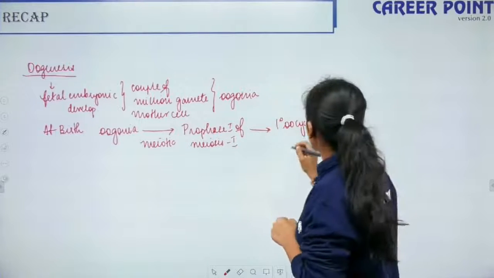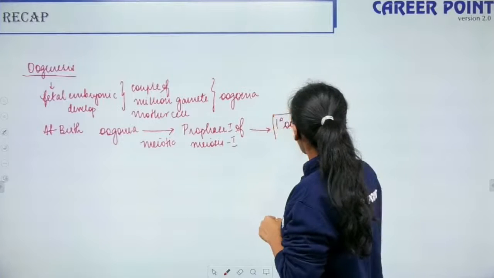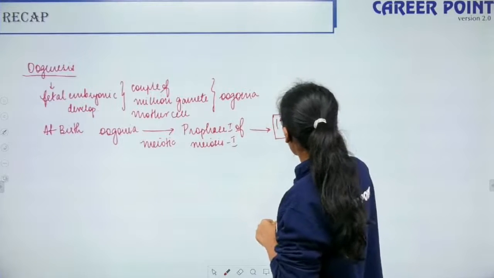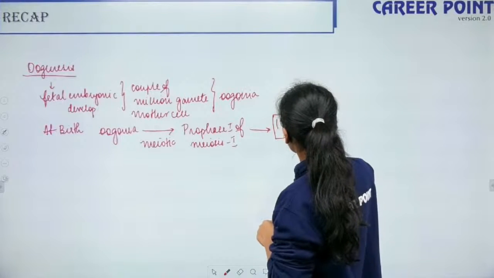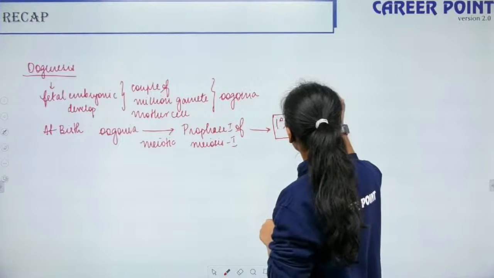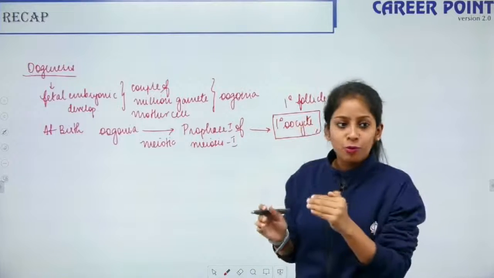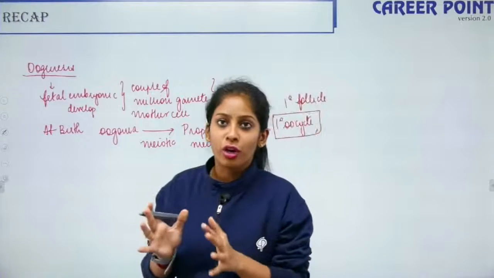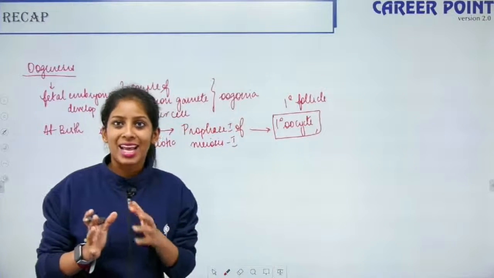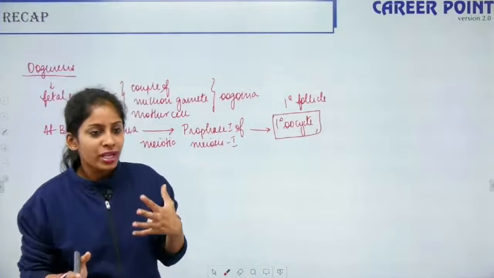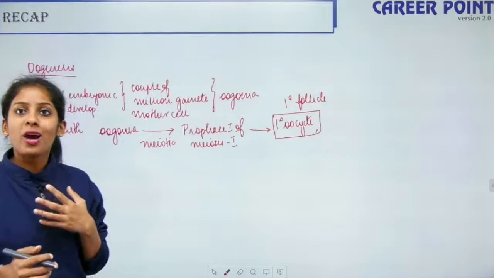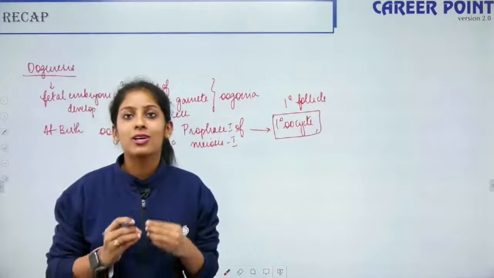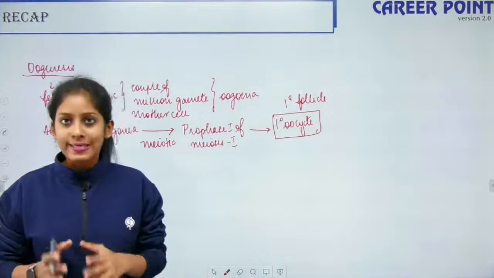This primary oocyte is surrounded by a layer of cells called the primary follicle. From birth till puberty, a lot of primary follicles along with the primary oocytes degenerate. At puberty you have only 60,000 to 80,000 primary follicles left.